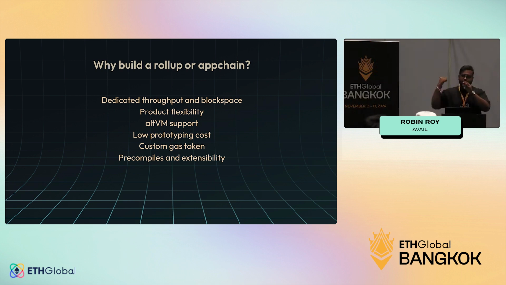That means there's going to be congestion. The block times will be variable at times. You don't get consistent throughput, right? By deploying your own app chain, you are able to get independent block space and dedicated throughput.